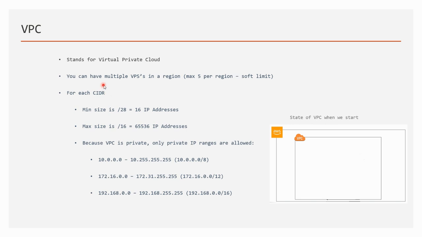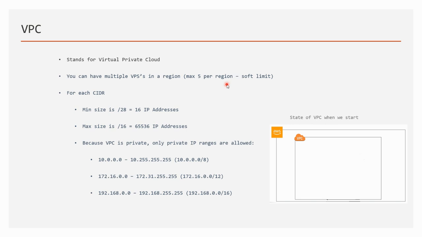So you can have multiple Virtual Private Clouds in a region. I am sorry about the VPS; it is VPC. You can have a maximum of five. It is region scoped, so in every region where you are going to use any of the resources, I mean EC2, you can create VPCs there, but there is a soft limit.